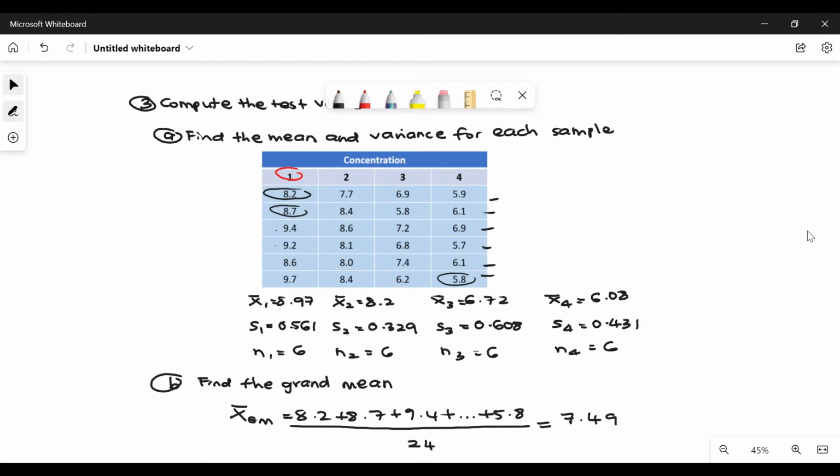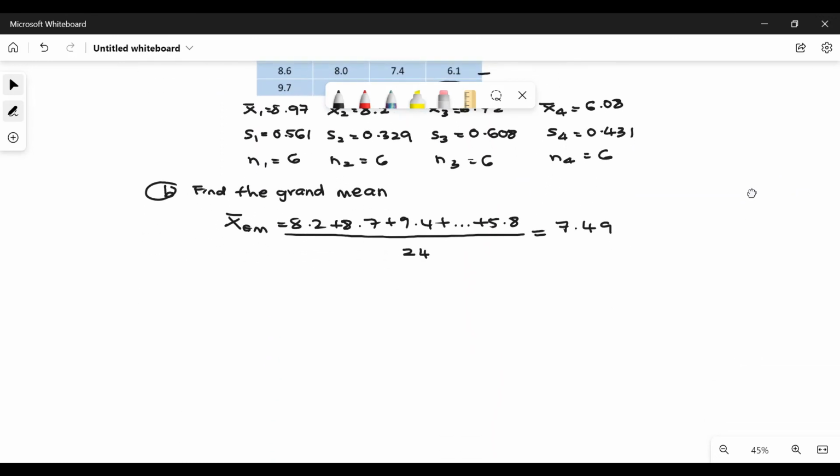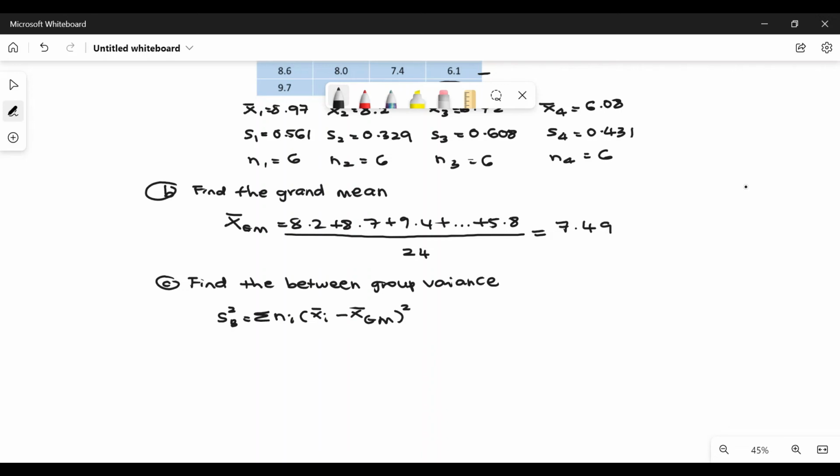Alright, then the next step is you need to find the between group variance, where it is given as S square B. The formula for this one is the summation of Ni times the mean from each sample minus the grand mean, squared, divided by k minus 1.